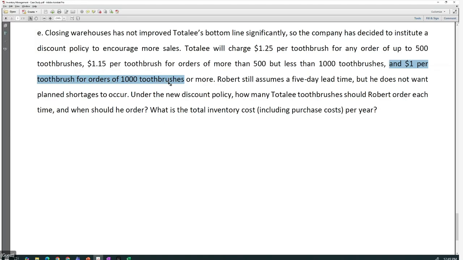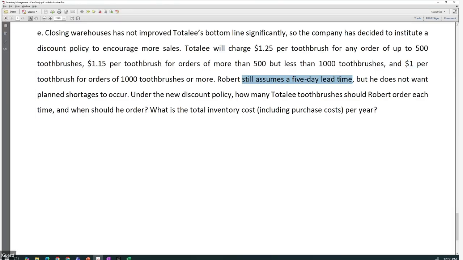So now we have 3 points, right? Order quantity 0 to 499, cost per brush will be 1.25. Order quantity 500 to 999, $1.15 per brush. 1000 or above order quantity, it is just going to be $1 per brush.